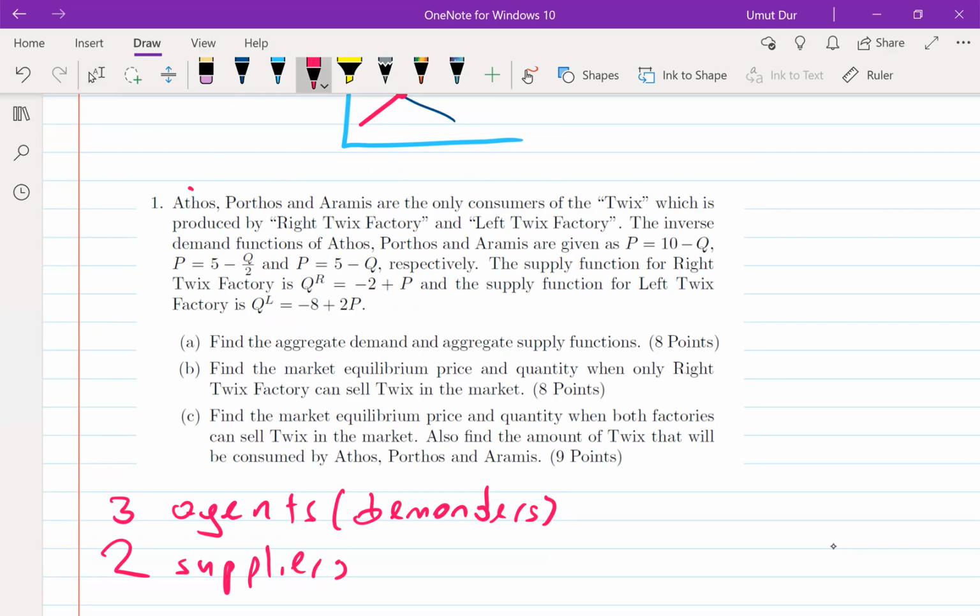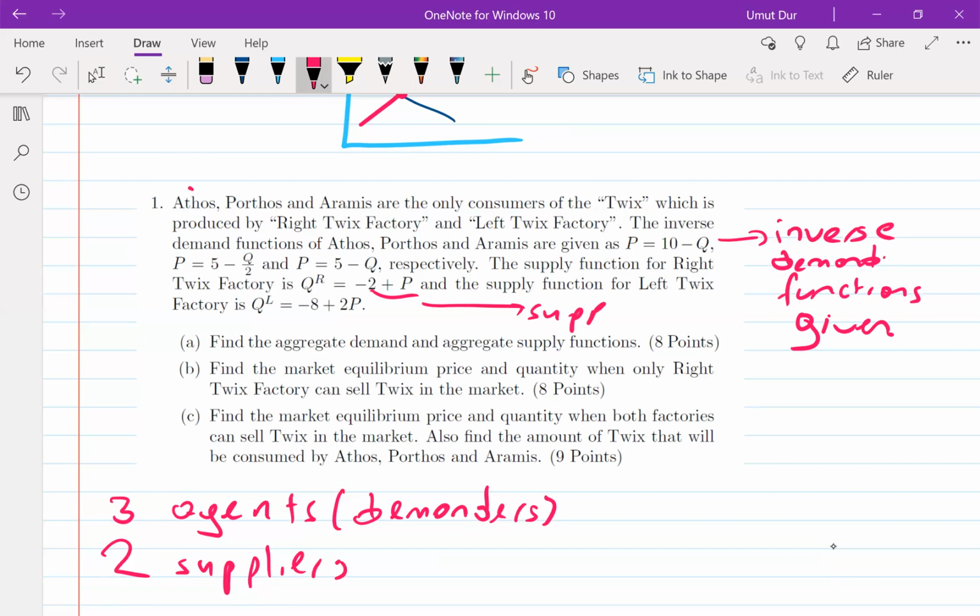Okay, so we are given their inverse demand functions, and we are also given the supply functions.